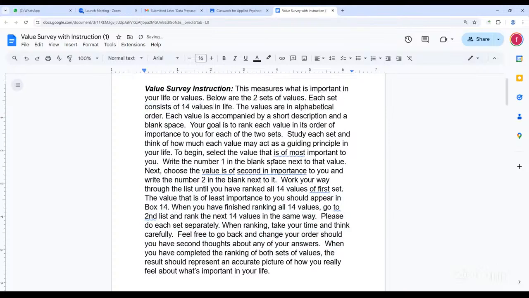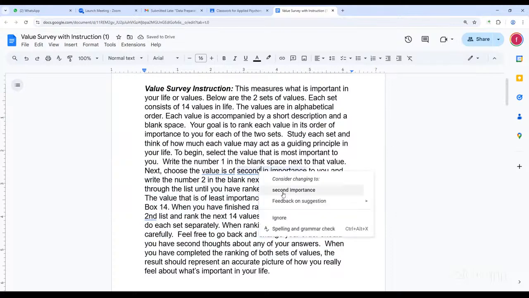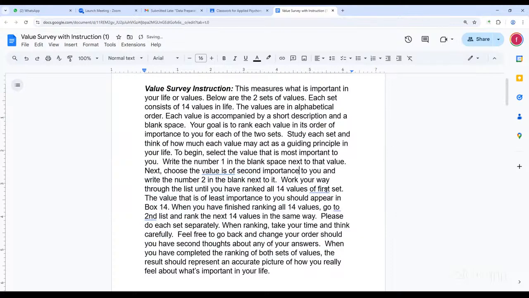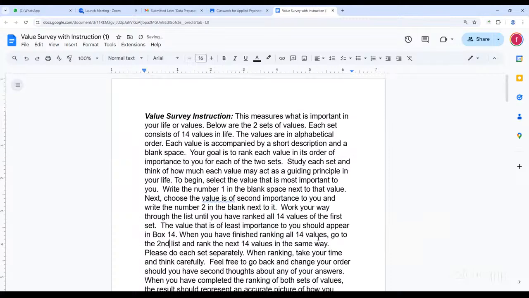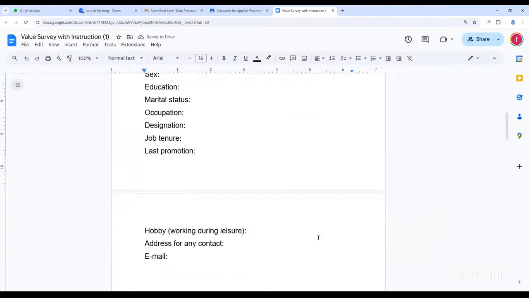Now Farah is presenting the questionnaire where you will find the 14 values and you have to rank them.